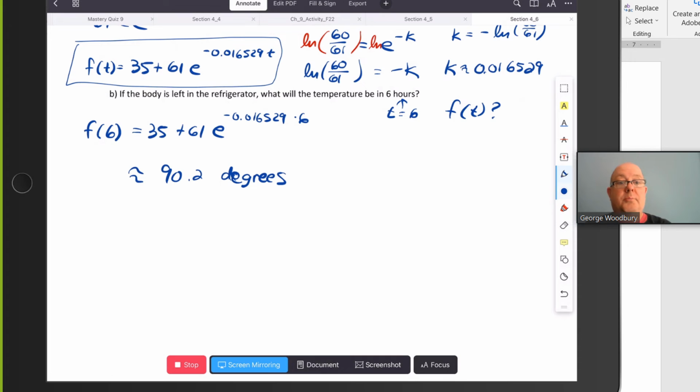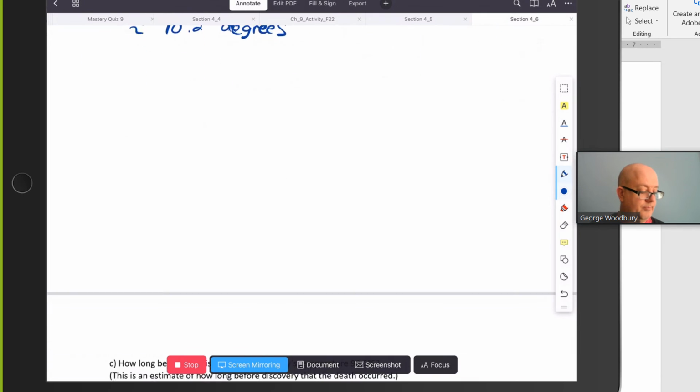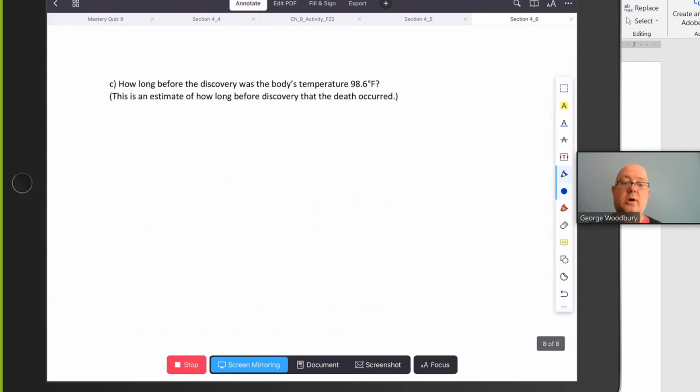Part C, we're going to work backwards a little bit, go back in time to try to figure out the time of death, assuming that the person had a normal body temperature of 98.6 degrees. How long before the discovery was the body's temperature 98.6 degrees? It's an estimate of how much time had passed before the body was actually discovered.